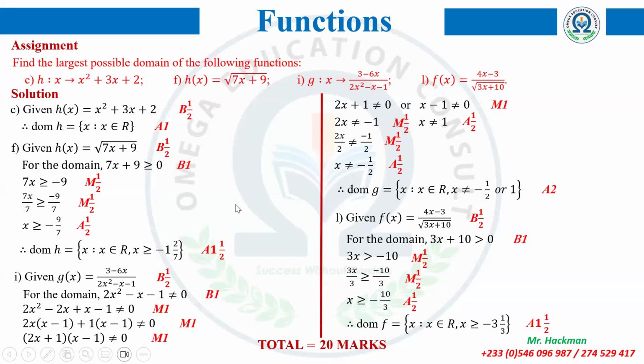So don't only write your score. If you had 20, it will be 20 over 20. Don't just write 20. If you had 15, write 15 over 20. I want to see the denominator, which will be the entire marks for this particular assignment, and your numerator will be your actual score.